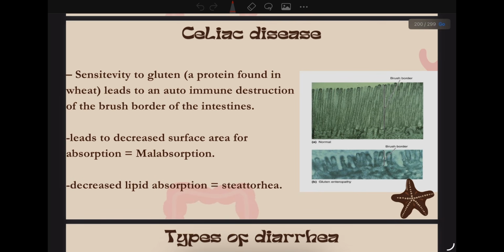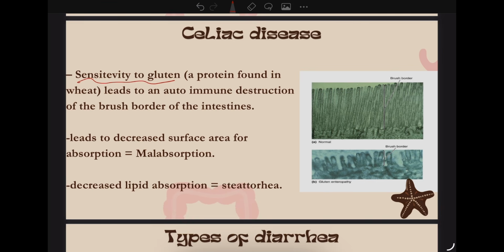Celiac disease. You might have heard of it. I think even some of you might have it because it's quite common, and it's basically sensitivity to gluten, called gluten-induced enteropathy or something like that. Anyways, the problem is that gluten is a protein found in wheat.